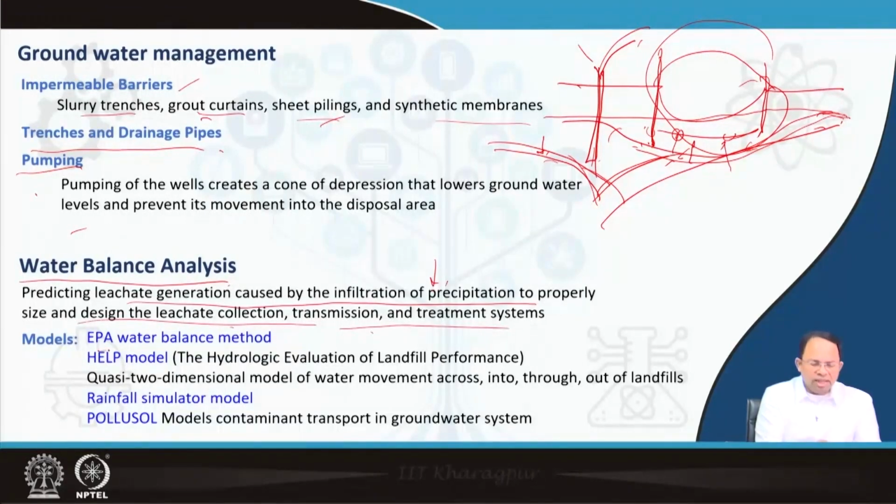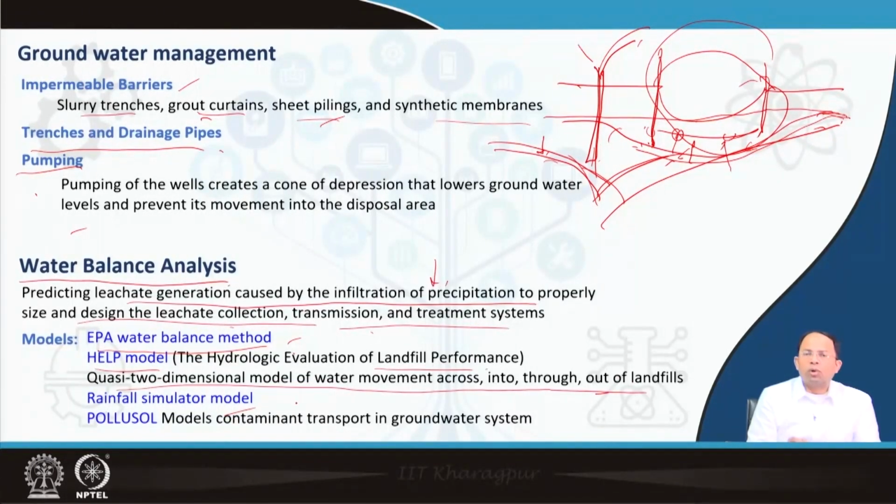So for this, we have the US EPA, Environmental Protection Agency, water balance method. That can be utilized. There is something called the HELP model, which is the Hydrologic Evaluation of Landfill Performance model, also developed by EPA. It's a quasi two-dimensional model of water movement across, into, through and out of landfills. So that means how much water moves from outside to inside, inside to outside, and within the landfill could be estimated.